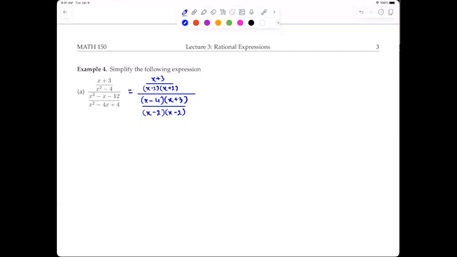Now rewrite this. Divide a fraction, that means you can multiply by the reciprocal. So you have (x plus 3) divided by (x minus 2)(x plus 2), times (x minus 2), over (x minus 4)(x plus 3).